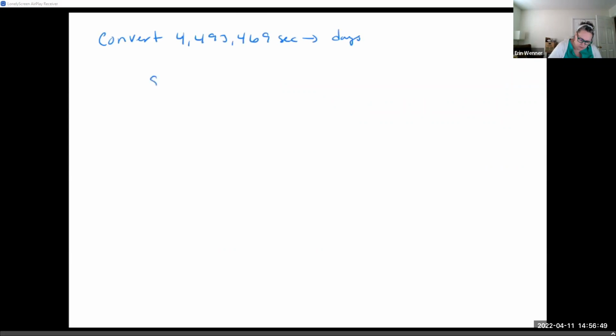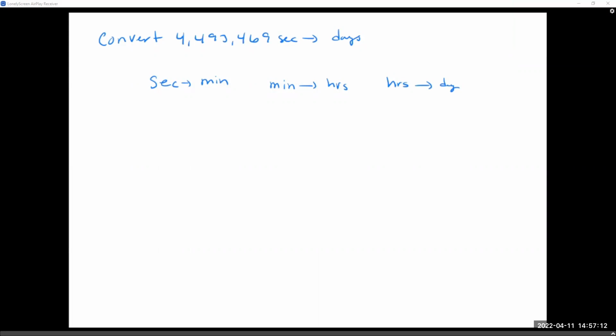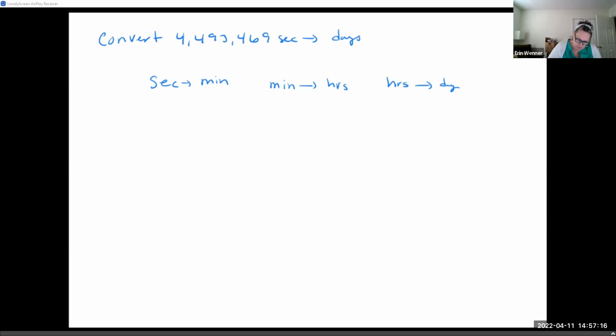And like I said, we're going to go seconds to minutes, minutes to hours, and hours to days. So thinking about the unit conversion that we're going to set up. Ashley, we're on page 101 at the bottom right-hand problem, okay? Thank you. So conversion factors between seconds and minutes.